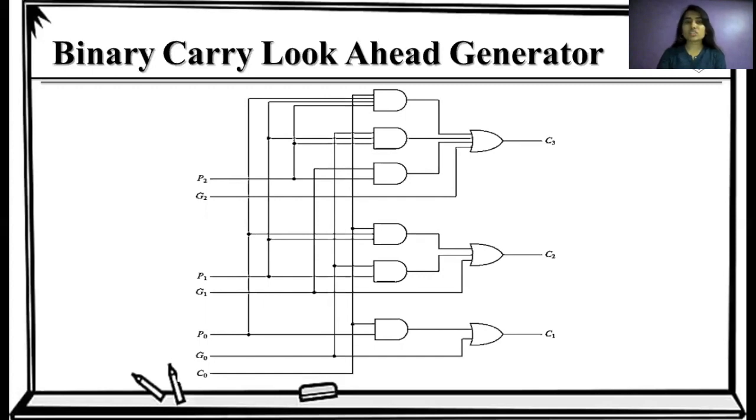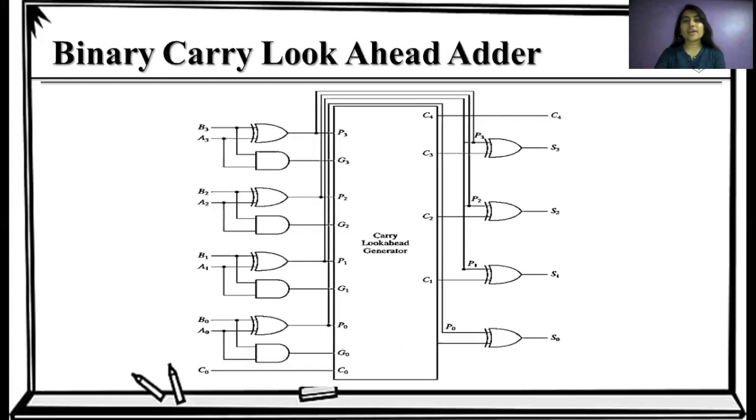Now using these carries, we build the binary carry look ahead adder. Here we have the equations for sum bit and carry bit. Sum equals P XOR Ci, so this is how we implement sum bits S3, S2, S1, S0.